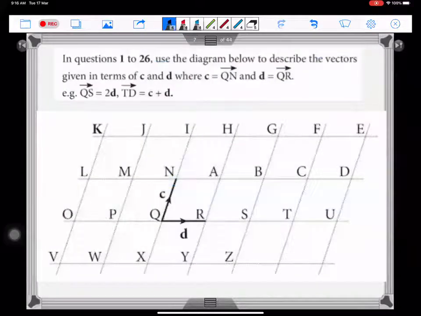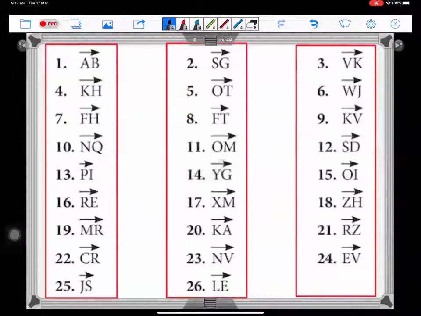Now let's look at this grid. It says in questions 1 to 26, use the diagram below to describe the vectors given in terms of C and D. So this is C, and this is D. Now, for example, I need the following vectors. Okay, let's just pick a few of them.